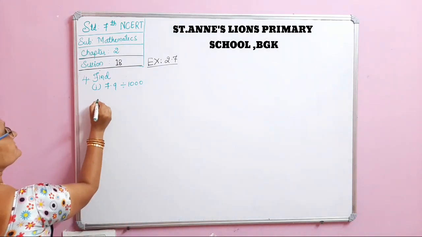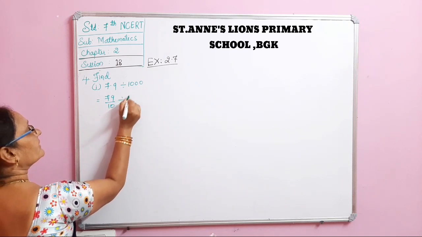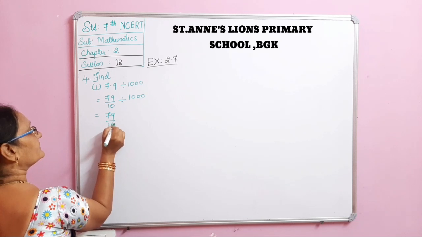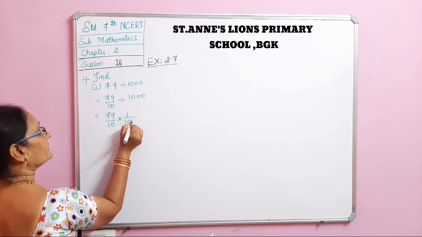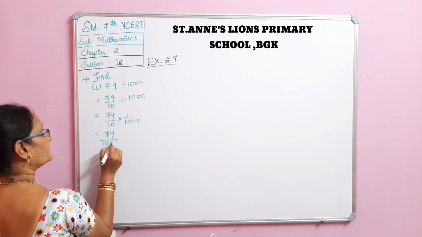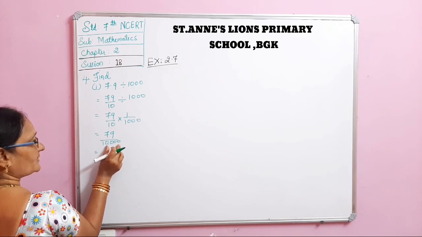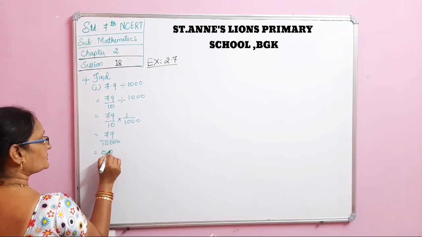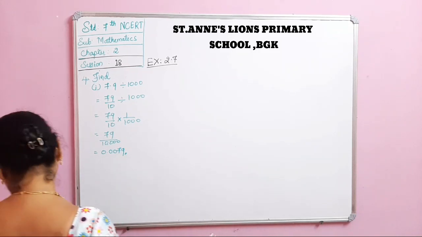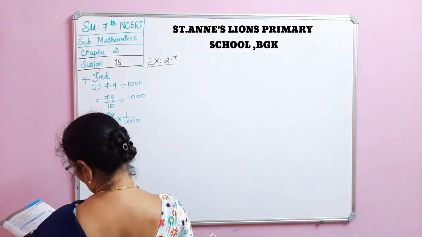Okay, this is 79 by 10 divided by 1000. 79 by 10 into 1 by 1000. That is 79 by 10,000. How to give the point? Here 2 places are there, here 4 places we have to leave. So 0.0079 will be the answer. Okay, this is what fourth main I am doing now.